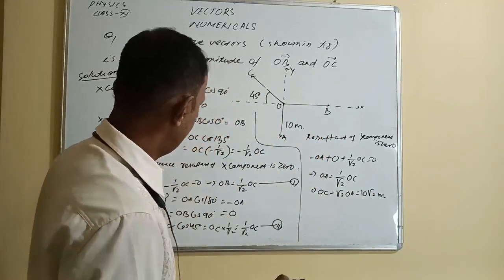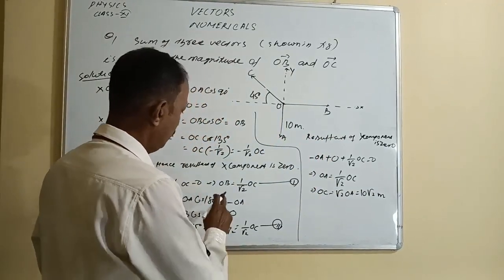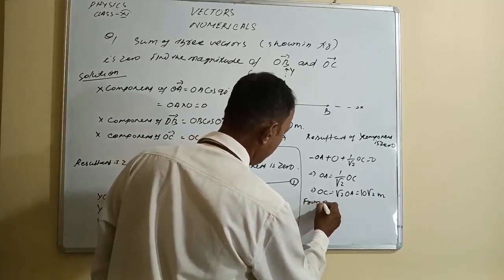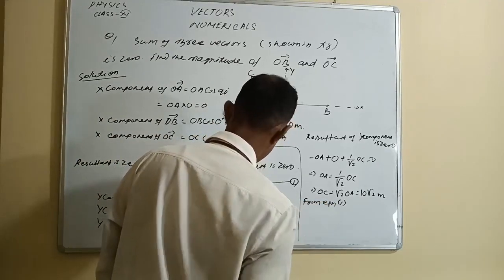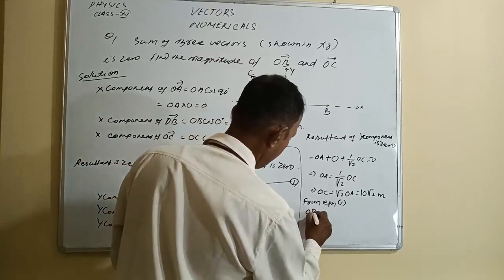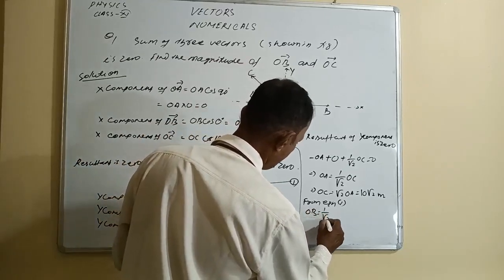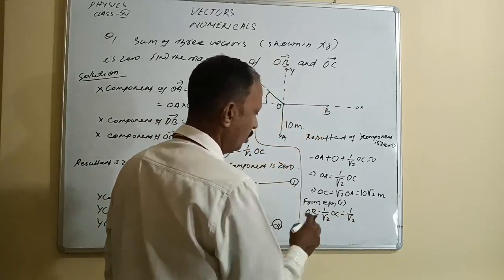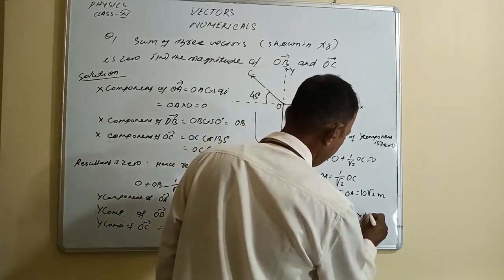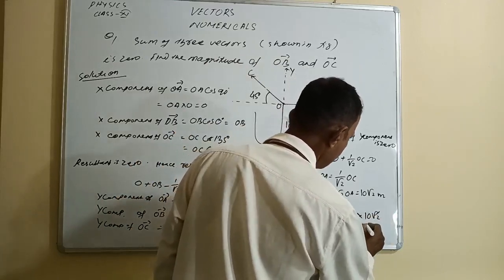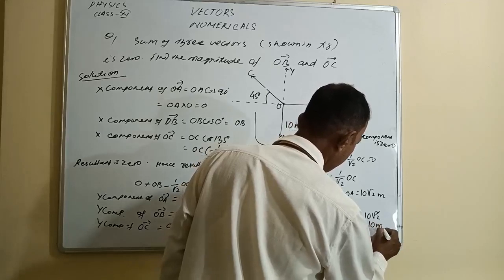Next, we'll see the first equation here. From equation 1, OB is equal to 1 upon root 2 OC. Here OC we got 10 into root 2. That means root 2 cancels. This is equal to 10 meter.